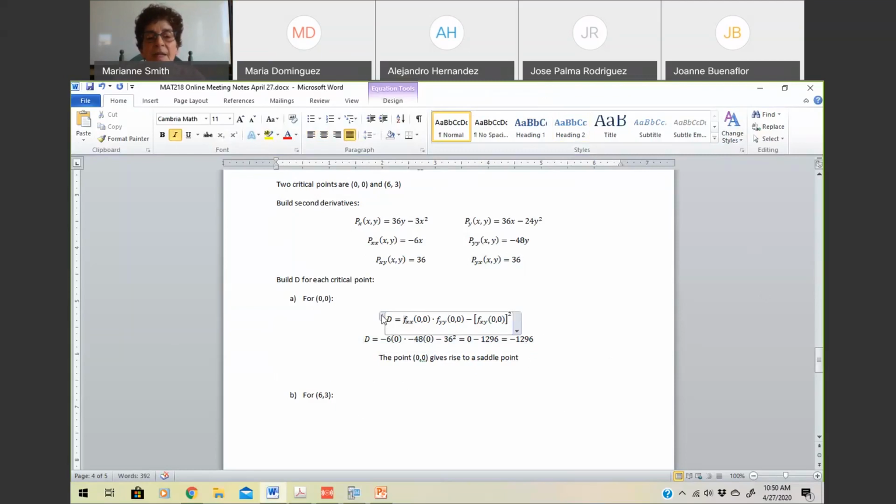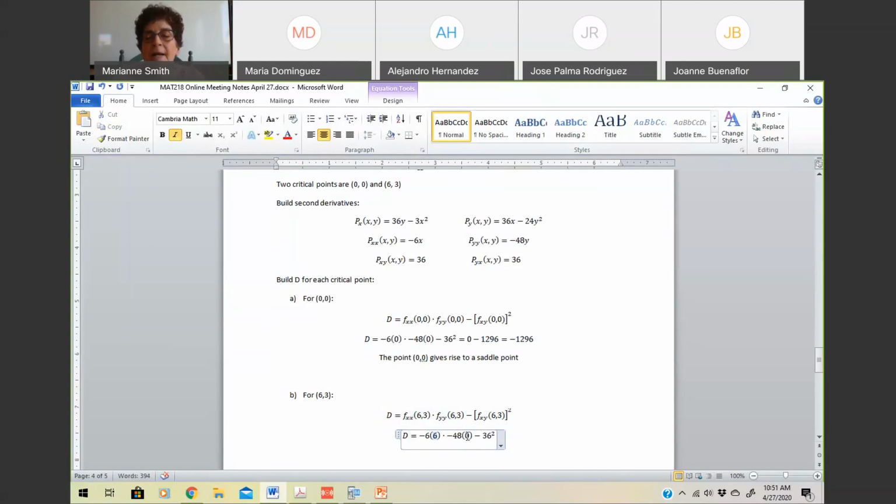Okay, I'm going to do the same thing here, only I'm going to plug in this ordered pair, which was 6, 3. Okay, so now I'm putting in the x value in f sub x, and my x value here is 6.